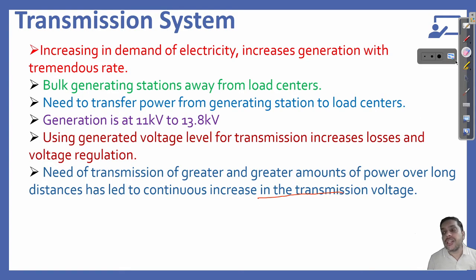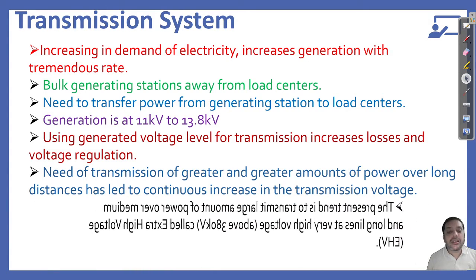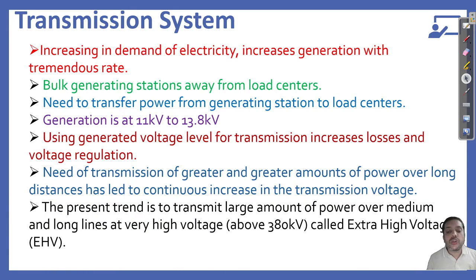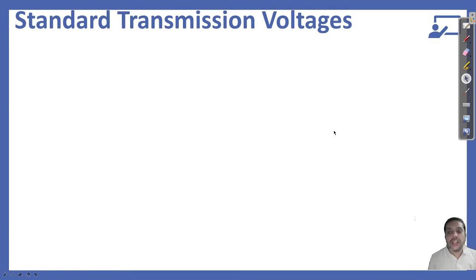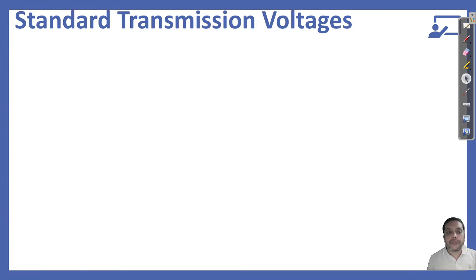Hence, the present trend is to transmit a large amount of power over medium and long transmission lines at very high voltages above 380 kV, called extra high voltage, which is used in medium and long transmission lines to transmit a large amount of power.